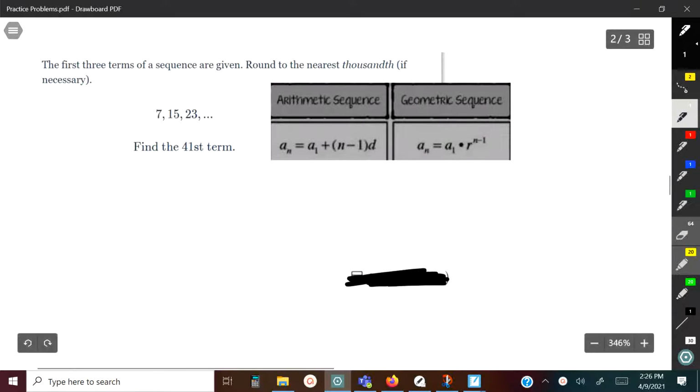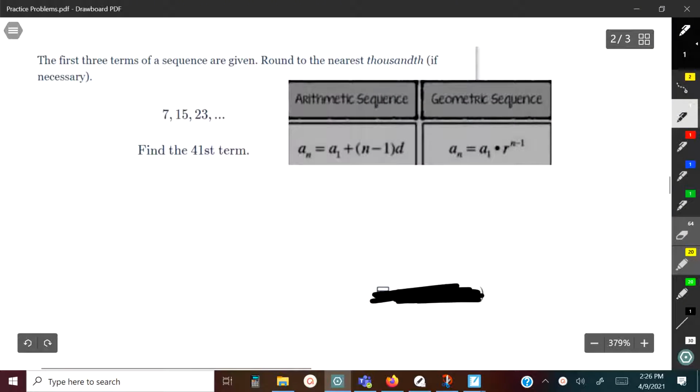Okay, so here, I've got the formula, same formula we had before. I got them both written right here. We're only going to use one of them because it's either arithmetic or geometric sequence. Now, I'm going to go through the procedure to see if it's arithmetic or geometric, because sometimes it may not be either one. So first, I'm going to subtract the second from the first and the third from the second.